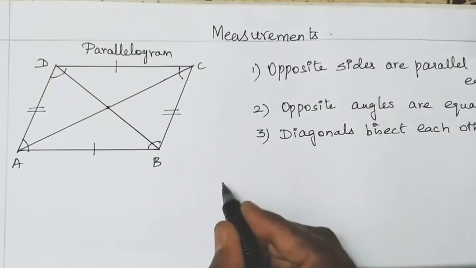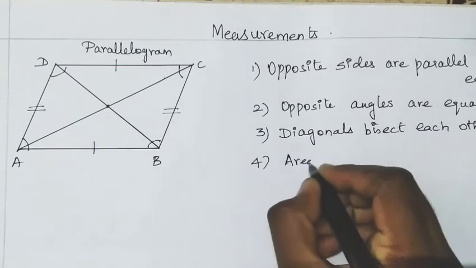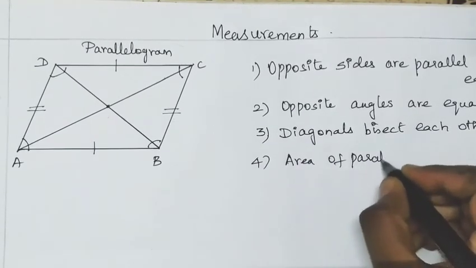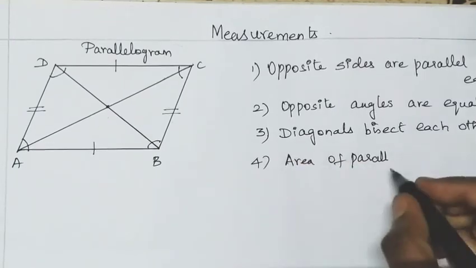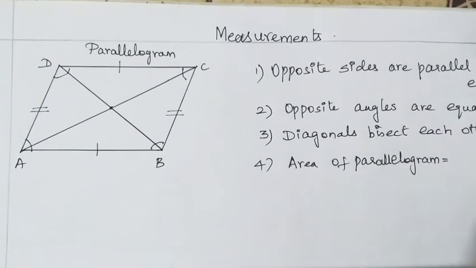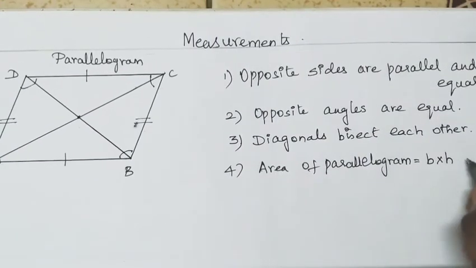The formula to calculate area of a parallelogram is, do you remember, children? Area of a parallelogram. Write the correct spelling for parallelogram, children. Okay. So the formula to calculate area is base into height. Base into height square units.